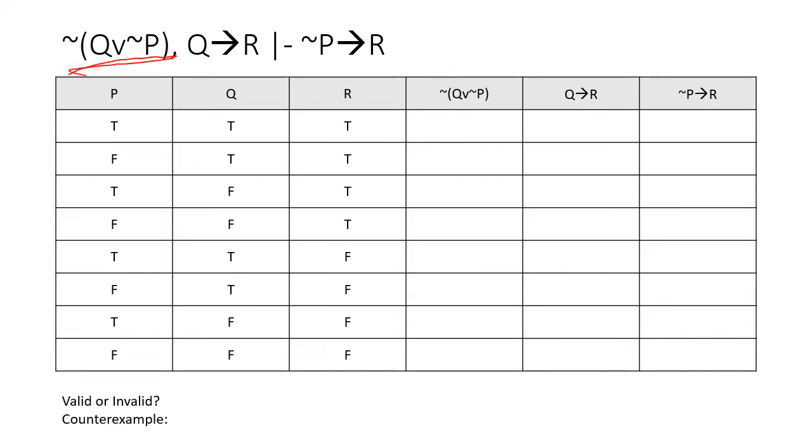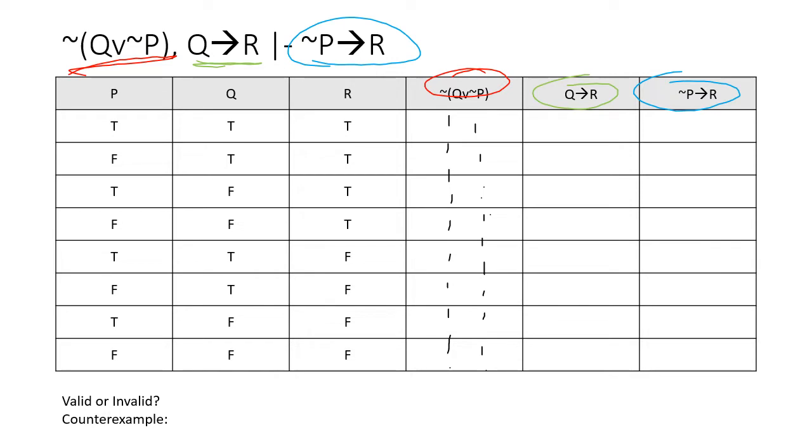Now, looking at this first one, we have two premises, one here, and then here's our conclusion. So we have three operators here in this first premise. Within the set of parentheses here, we've got two operators.